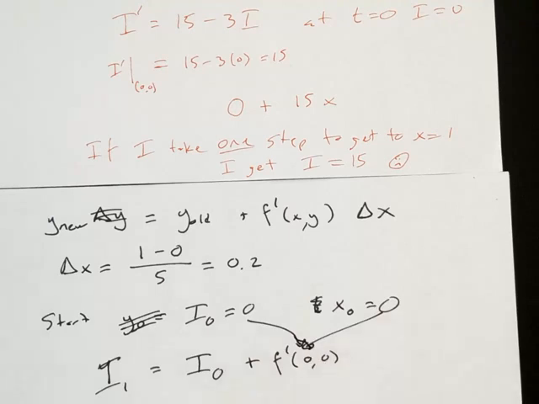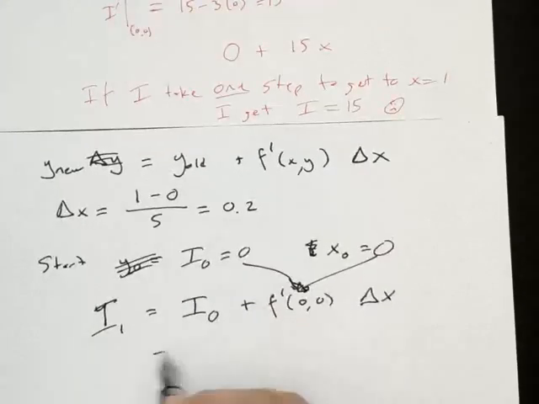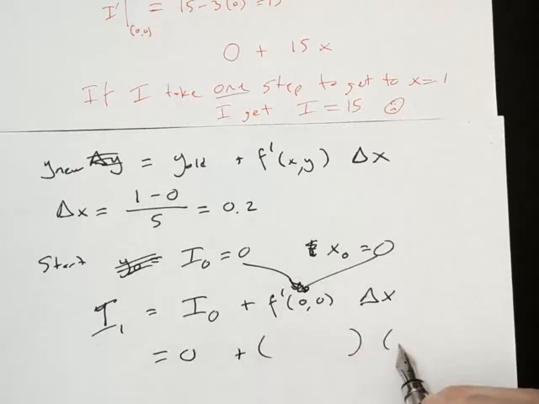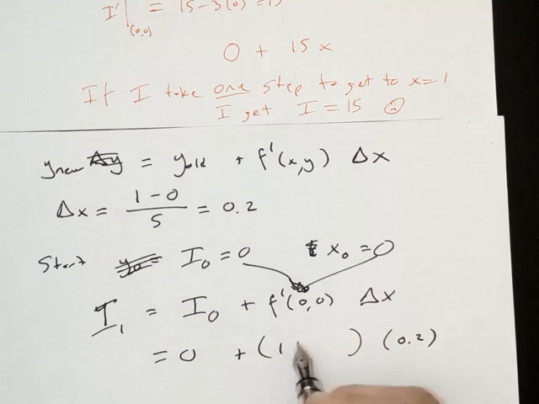I put in x old and y old. And then I multiply by delta x. Okay, wait a minute. That's 0 plus something times 0.2. And this is where I get to use the I prime equation. I use 15 minus 3i.